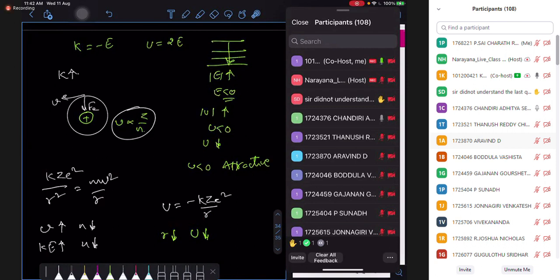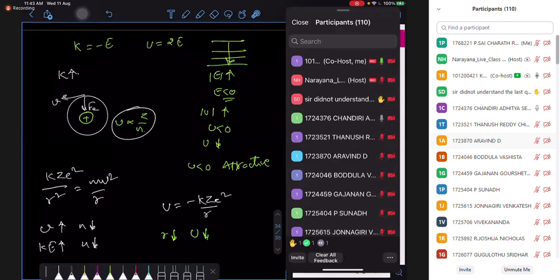Near the nucleus, you have strong attraction. Attraction decreases the potential energy. It will take the potential energy more and more negative. The stronger the attraction, the more your energy decreases. So near the nucleus, you have more negative potential energy. Right?